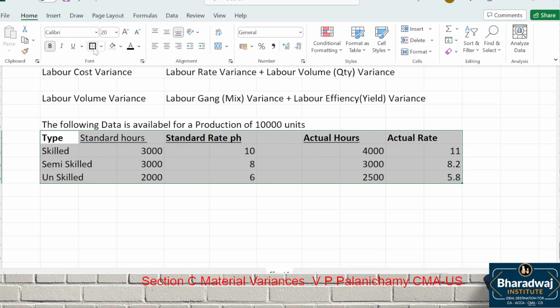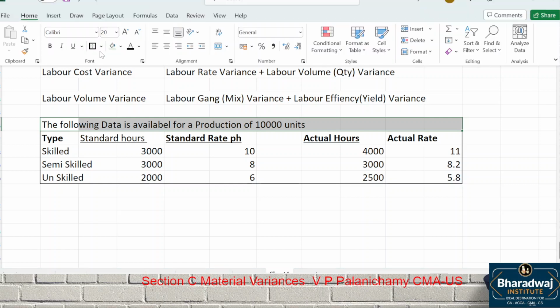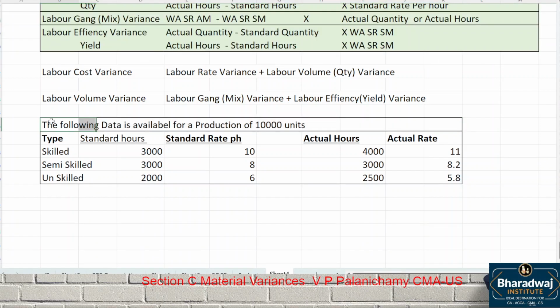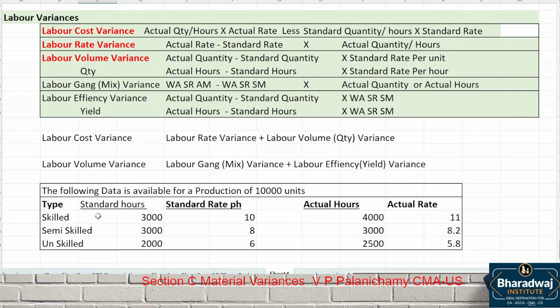The question is: calculate all labor variances and reconcile. So I request you to try this question at home. Okay, it is the same as material cost variances. Try this question at home today.